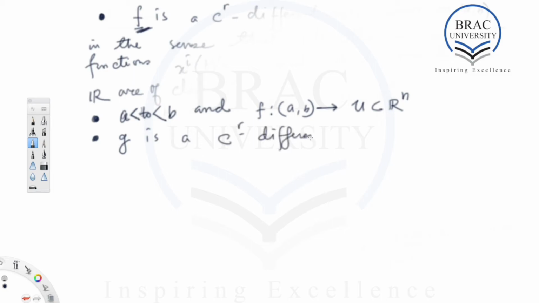So f is this function from AB to the open set U in R^n, and G is a C^r differentiable function on U to R. That is, G is a function from U to R.